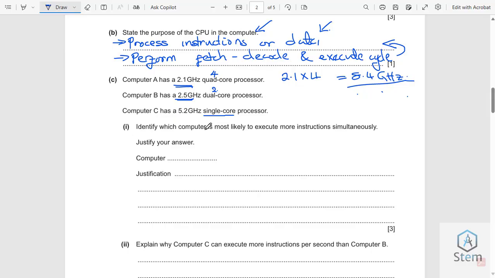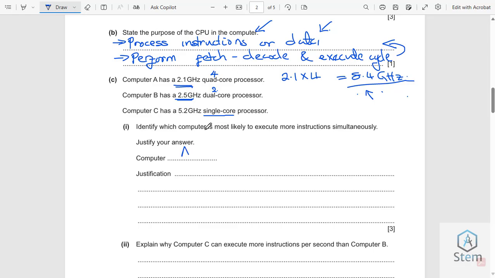Yes, these cores need to communicate with each other, so they will not really reach 8.4 gigahertz. But we are going to stick to an ideal, theoretical situation, and we will just go with the 8.4.